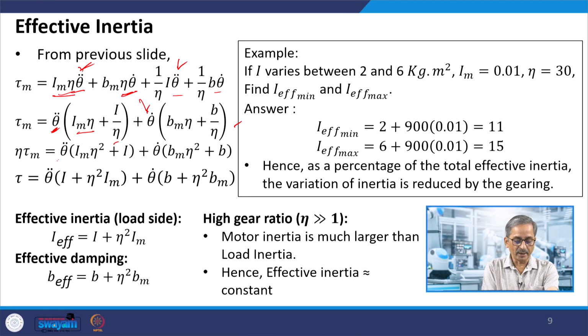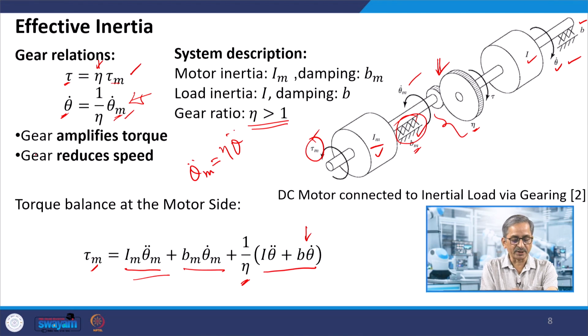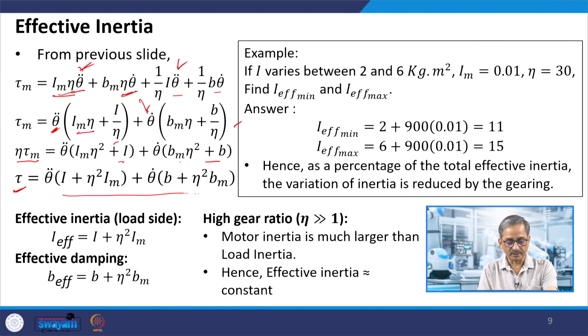Let us further simplify, take eta towards the left hand side. So, this is eta tau m, and this is theta double dot times Im eta squared plus I, and here Bm eta squared plus B, that is there. And so, this eta times tau m, this is my tau. So, this tau is this equation.